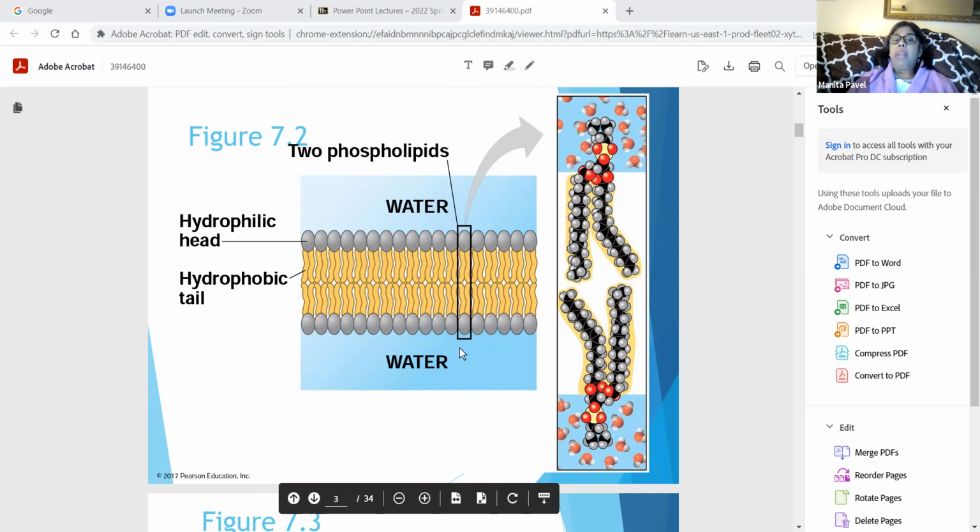Our cell membranes consist of two phospholipids, so we also refer to it as a phospholipid bilayer. The head is facing the watery environment, and therefore it's termed hydrophilic head. The tails are afraid of water. They are water-fearing molecules. Therefore, they face inward. These are the two fatty acid tails with the glycerol and the phosphate group attached. That makes it a phospholipid.